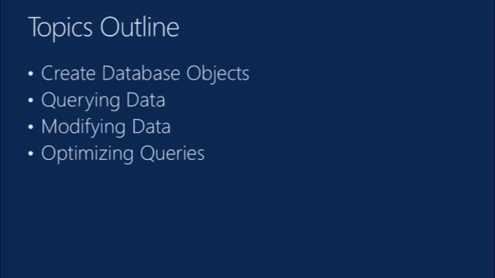We've got creating our database objects, how to get in, set up those views, data types, things like that. Querying the data, how do we actually get the data back out of the database? Modifying data, how do we put the data into the database? And then finally, last but not least, how do we handle those 4 very simple words that you, of course, hear from every single user: make it go faster.